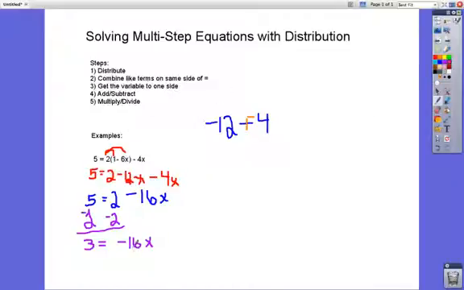And in this case, when there's a number attached to the front of x, we're going to be dividing by that number. So dividing by that number gives us this answer here, and we can't reduce it, so x equals negative 3 over 16.